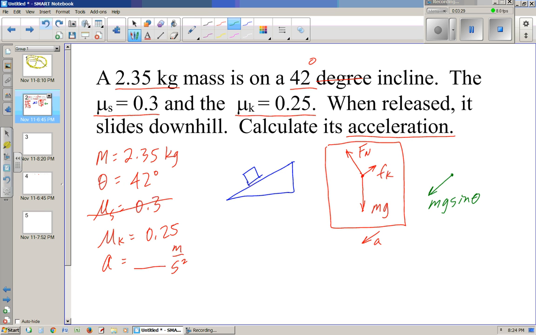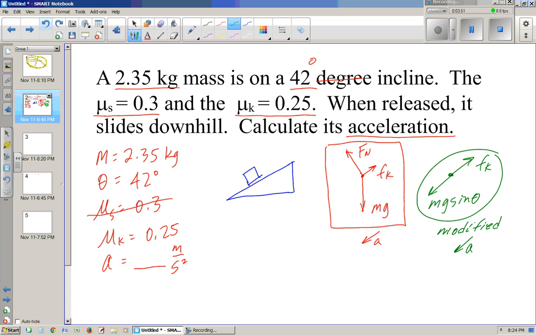And up the hill, we would have our F kinetic, and we'll make that shorter, of course, because if it's not shorter, the object won't accelerate. So this is going to be our modified diagram. And the acceleration is still going to be, of course, downhill.